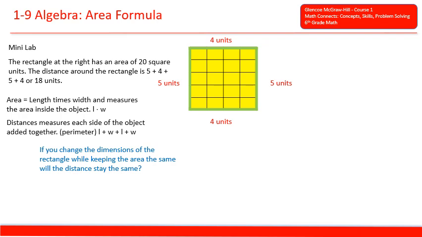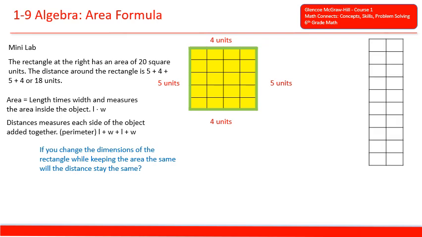If you change the dimensions of the rectangle while keeping the area the same, will the distance stay the same? So let's check. So we have 10 units tall on this one and 2 units wide.